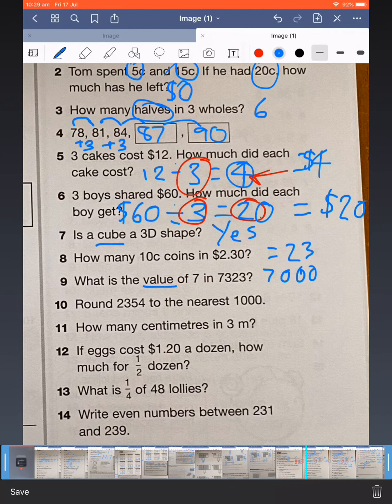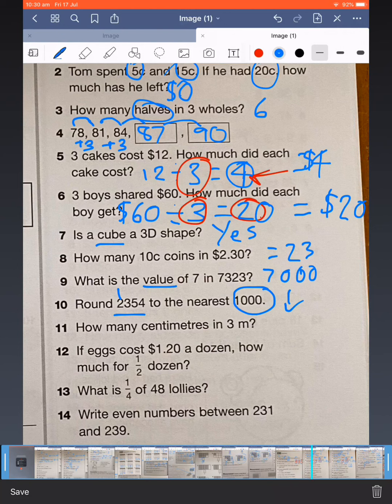Number 10, round 2,354 to the nearest 1,000. Okay, so this is the 1,000 number. We look at the next number there, which is the 3. Now, does 3 go up or down? That's right, 3 goes down. Now, we need to look at our two options. What are our 1,000 numbers next to this number?